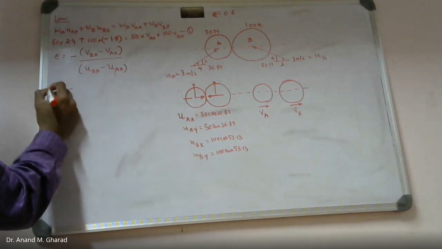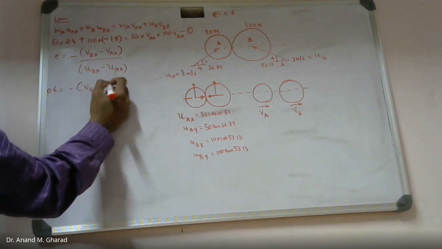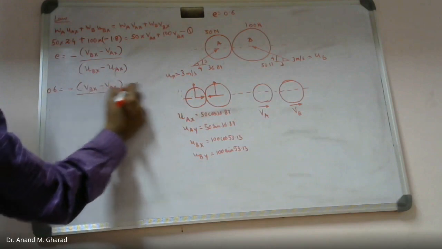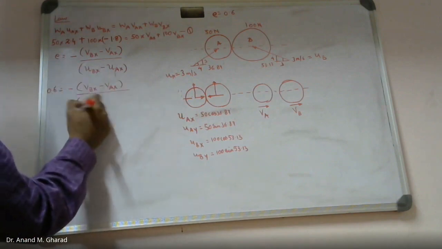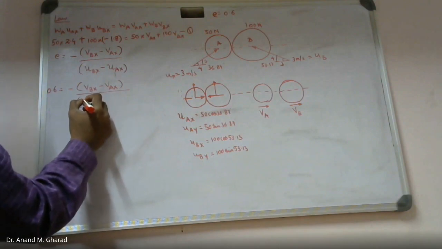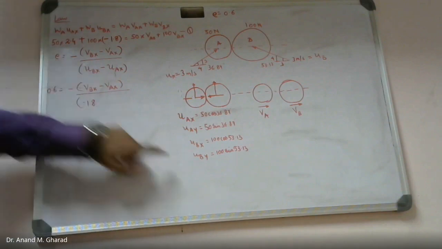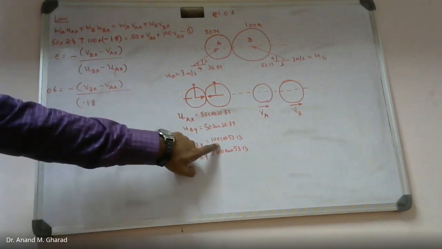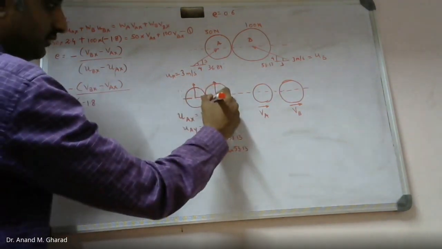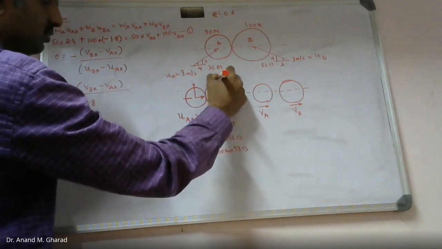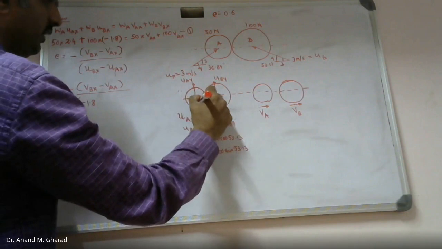So 0.6 is equal to minus VBX minus VAX divided by UBX. How much is that? Minus 1.8. So we need to be careful. VBX, although I have written over here is the magnitude, but the direction should be taken from this figure. This is UBX, this is UBY, UAY and UAX.